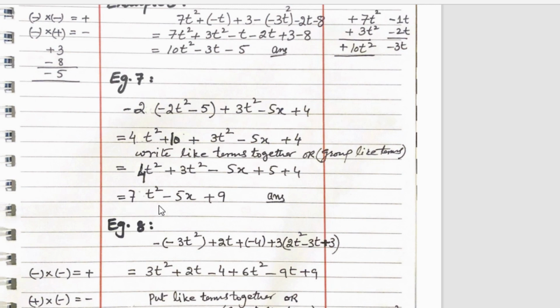Again, I'm telling you. 4 plus 3t square will be 7t square. Plus is not necessary to write down with the starting term, so I'm not writing it down. Minus 5x as it is, because this expression has only one term having the x variable.